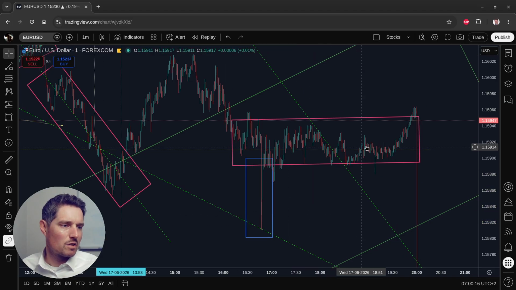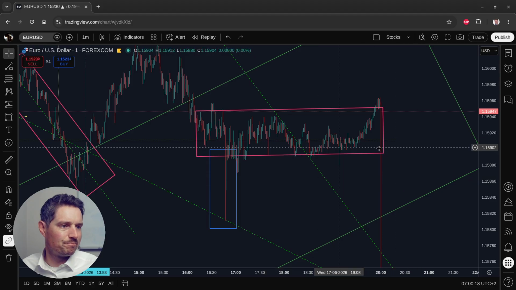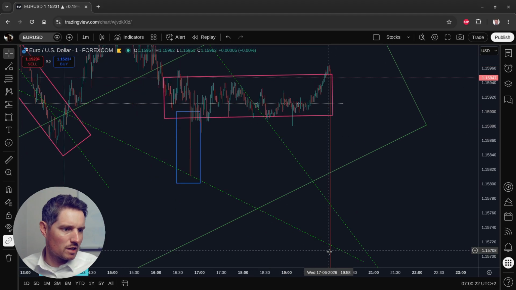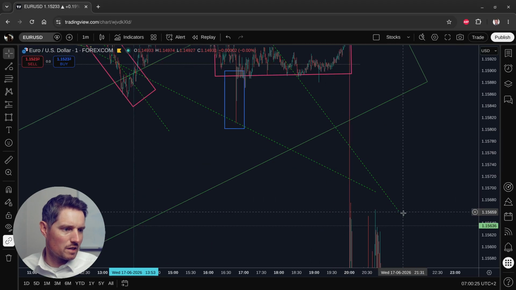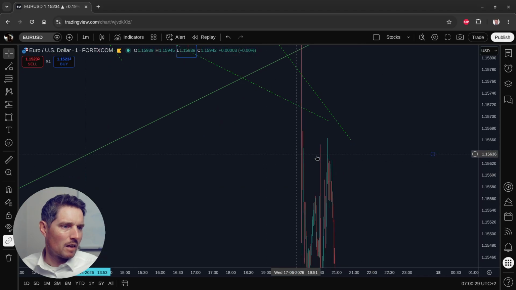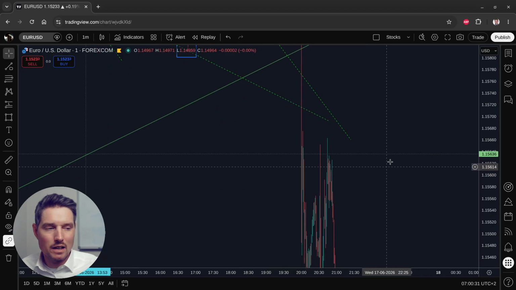Then we see price creeping along the bottom of our daily range, and then price clearly breaking through both of these lines, kind of retesting this inflection line.